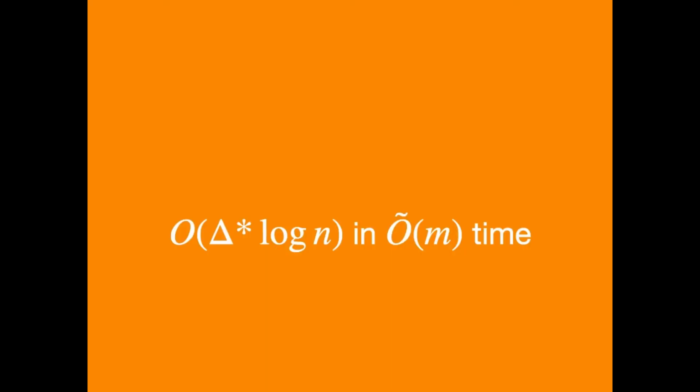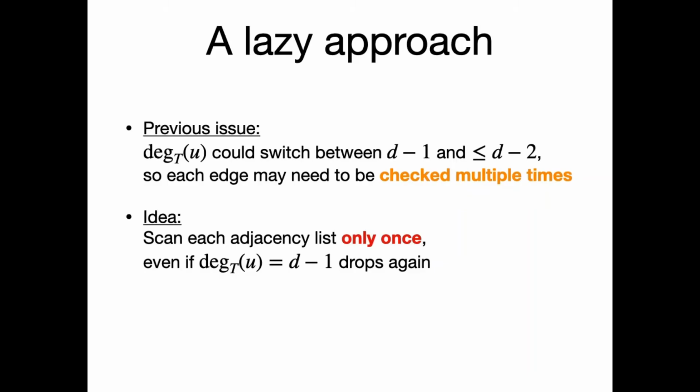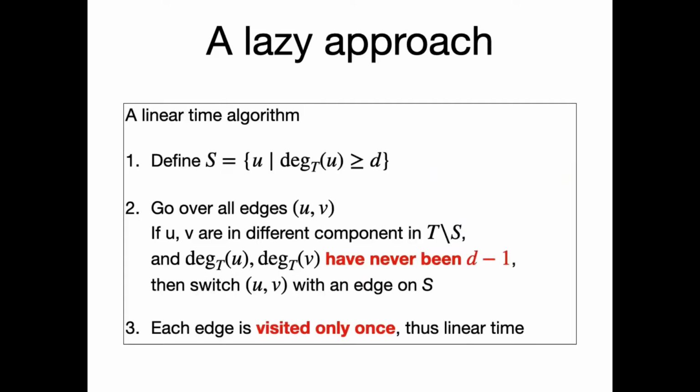Now let's discuss a linear time algorithm that computes a log n approximation. The previous issue is that adjacency lists could be scanned multiple times. So to improve the running time, our idea is that we force the algorithm to scan adjacency lists only once, even if vertex degrees could possibly drop below d-1 later on. Here's a linear time algorithm.